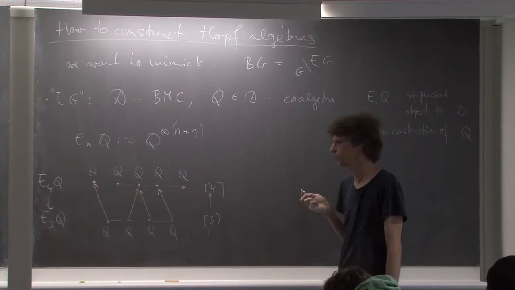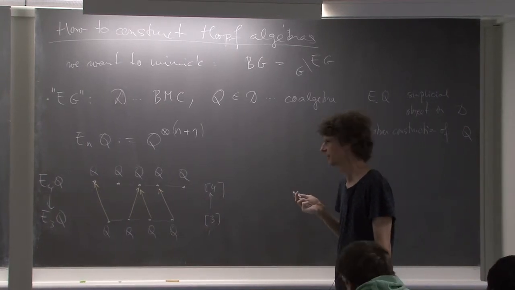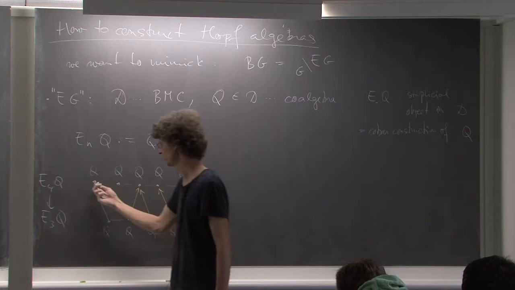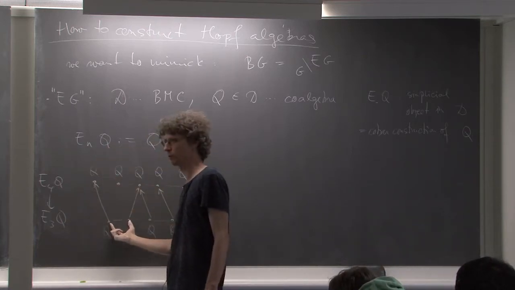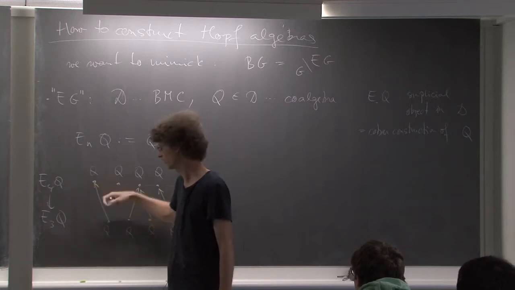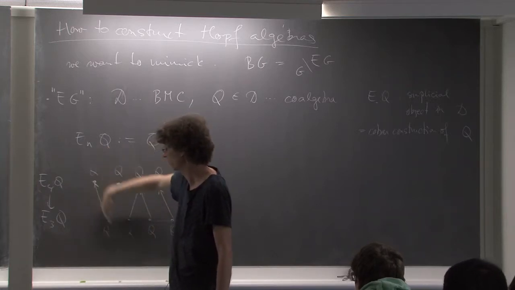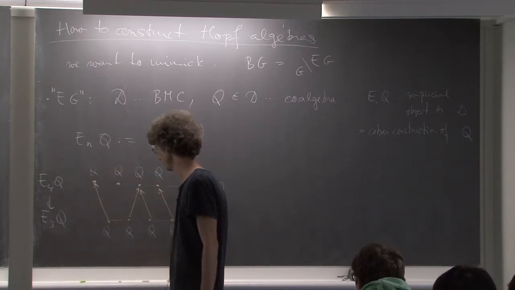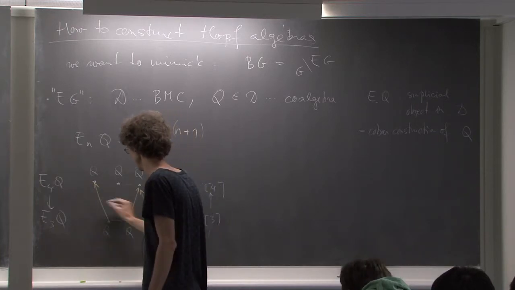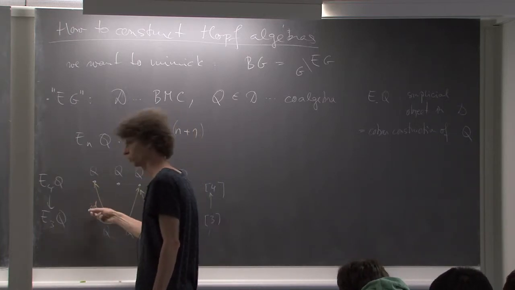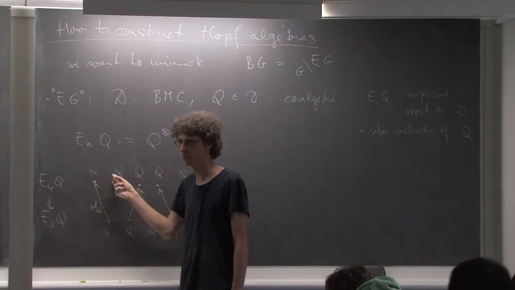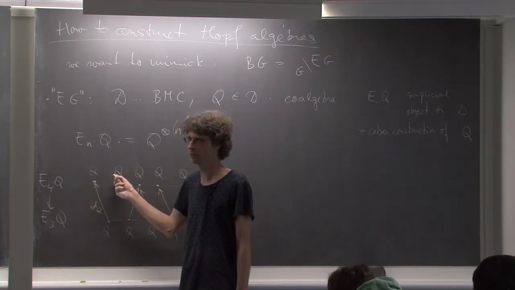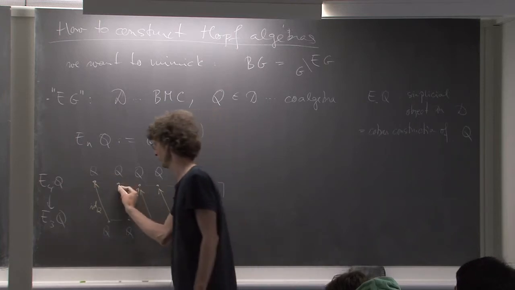Well, you do just the only thing you can possibly do. So what do you do here? You see, now we don't care anymore about those edges. We only care about those vertices. So here, this goes straight to Q, so here we just apply the identity on Q. This poor vertex is not connecting to anybody. We have to kill it. We apply epsilon here.